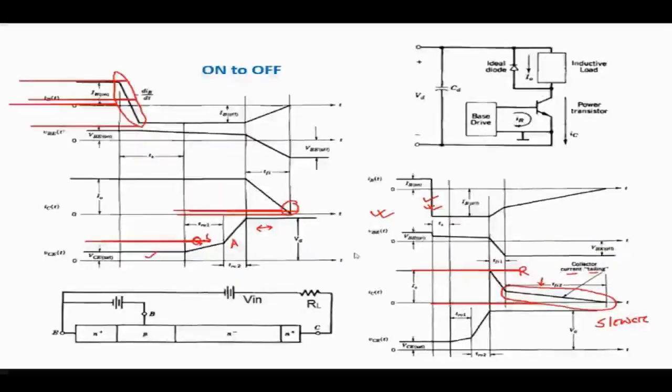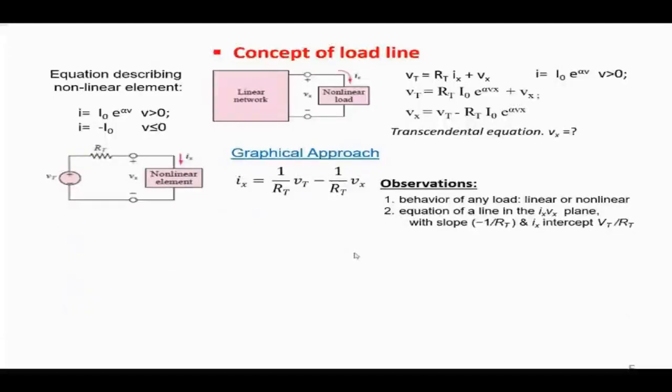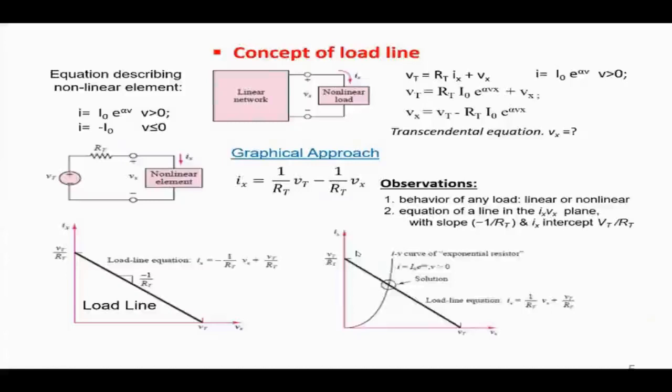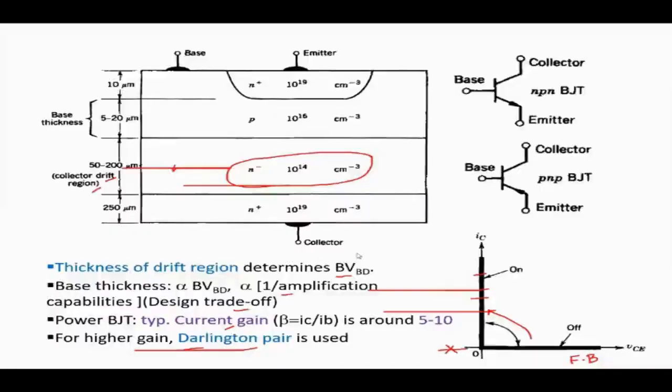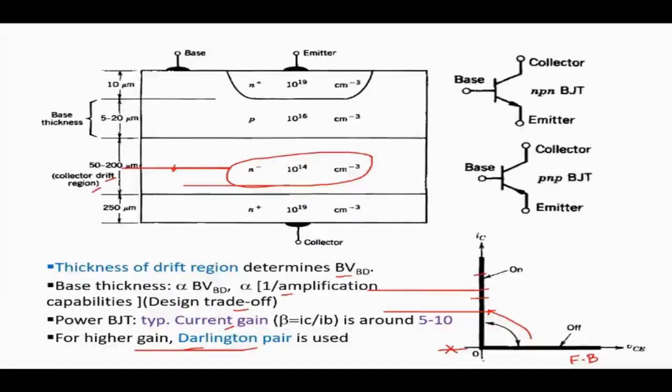So let me quickly check if I missed anything. Yeah, so this is what from the BJT side. For BJT, I'm just summarizing again. BJT is a device which you can turn on and turn off by providing suitable base current.